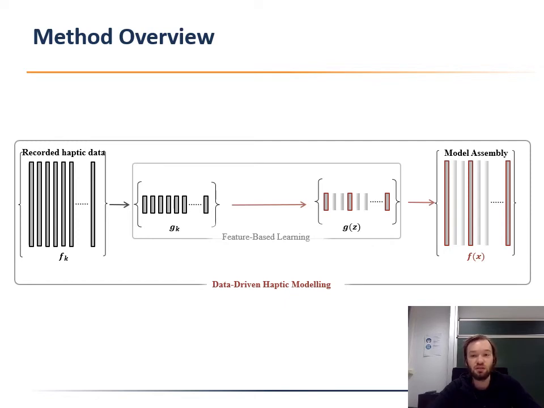So the idea is to reduce the number of vectors, and this correspondingly reduces the number of vectors in the time domain. Once we have collected this short amount of vectors, it is already more manageable to work with, and from this we can actually construct a real data-driven model. And what is data-driven haptic modeling? For example, you collected a lot of data.